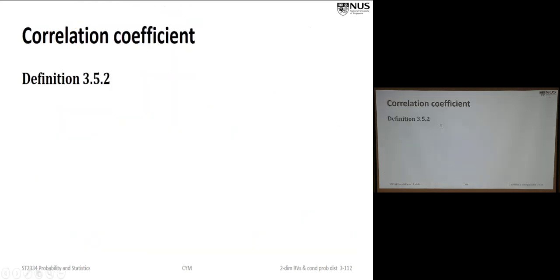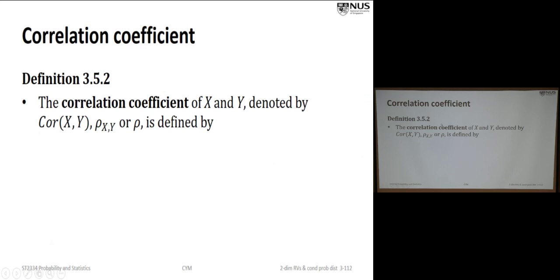Okay, correlation coefficient. It is defined as the covariance of X and Y over the square root of the variance of X and the square root of the variance of Y. Now, I want you to appreciate what coefficients mean. Let's put it this way.